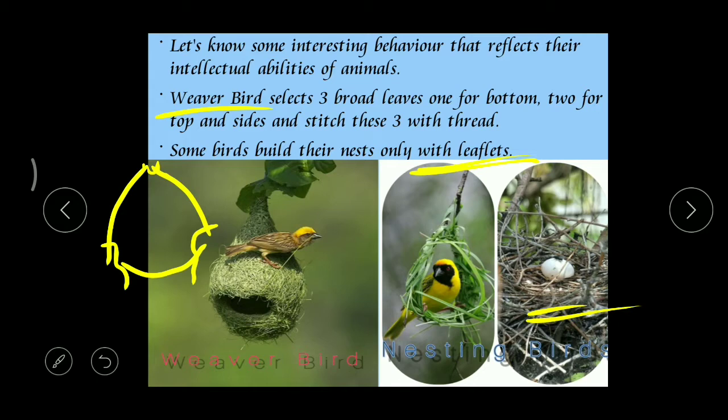And some by using very thorny sticks like this. Okay, and here, have you seen? Generally we call this a gijigadu in Telugu, and very commonly we can find this in the villages. Clear? So this is the way these birds construct their nests.